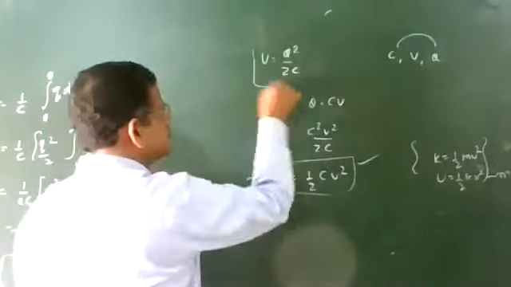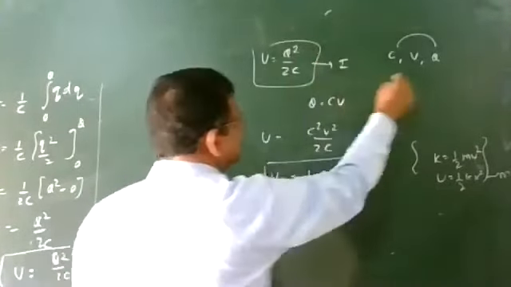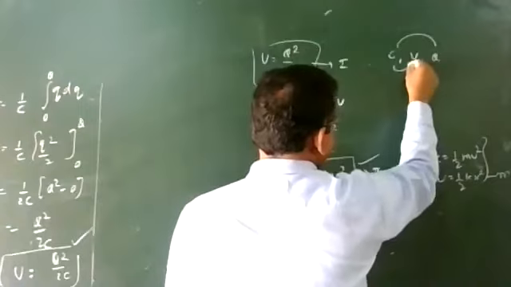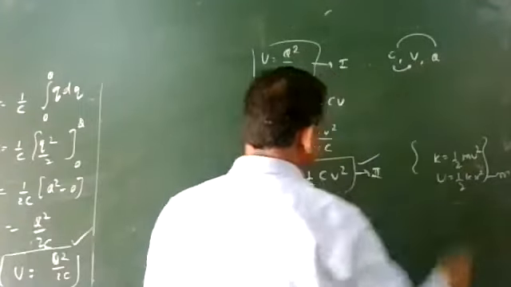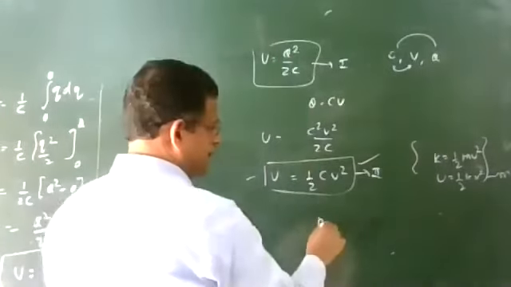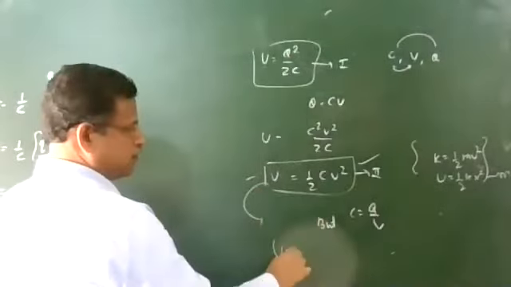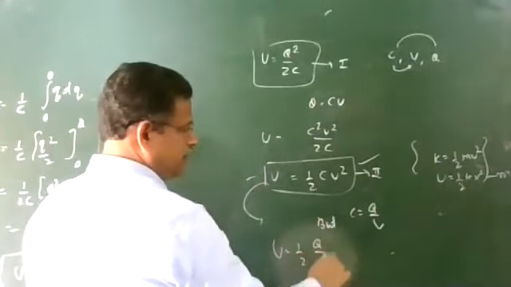So the first equation is half CV square. For the second equation, Q and C are involved, and C and V are involved. Now we have a relation between V and Q, so remove C from here: C equals Q upon V. So the energy will be equal to half Q upon V into V square.